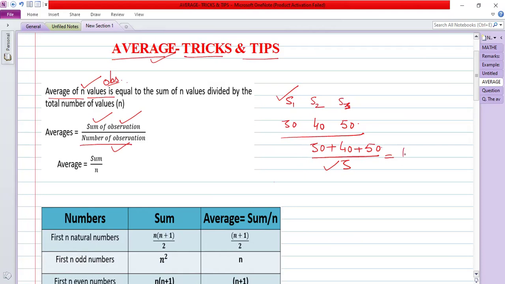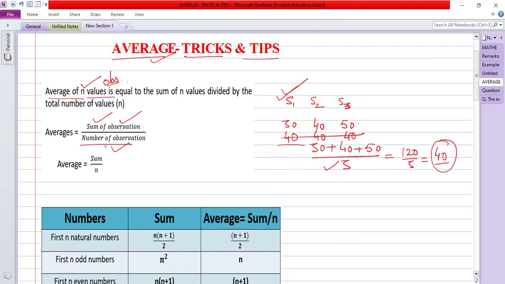So this is 120 divided by 3, which is 40. The average marks of these three students is 40. In a certain sense, we can assume that all these three students have 40 marks, that each student has 40 marks.